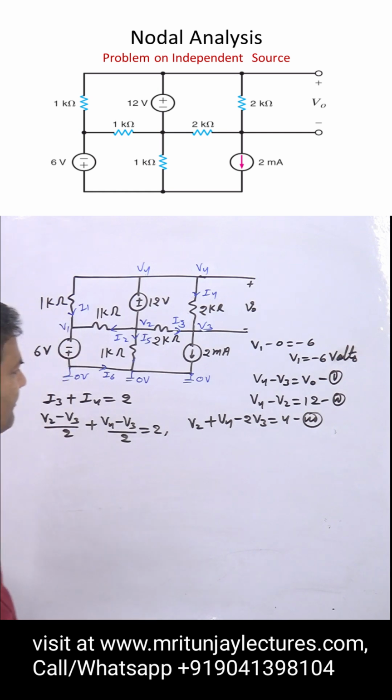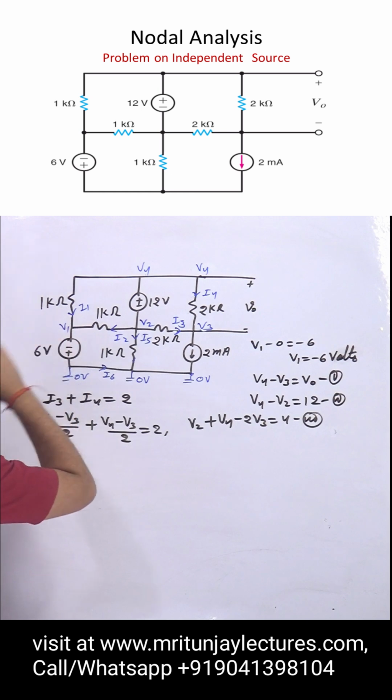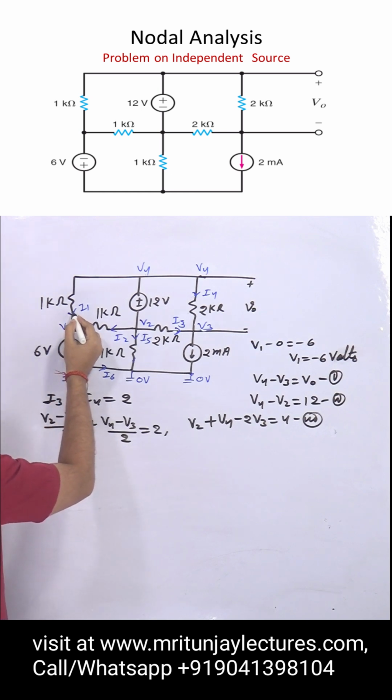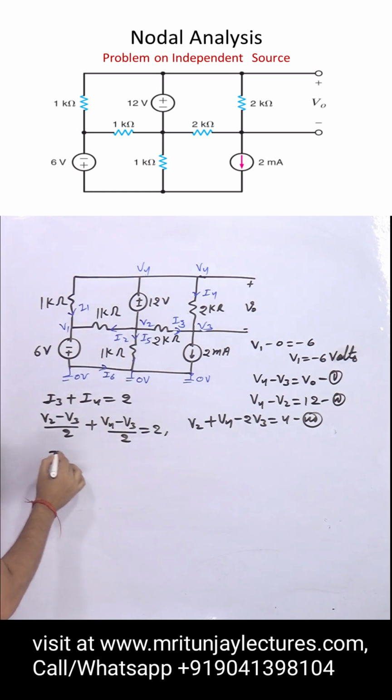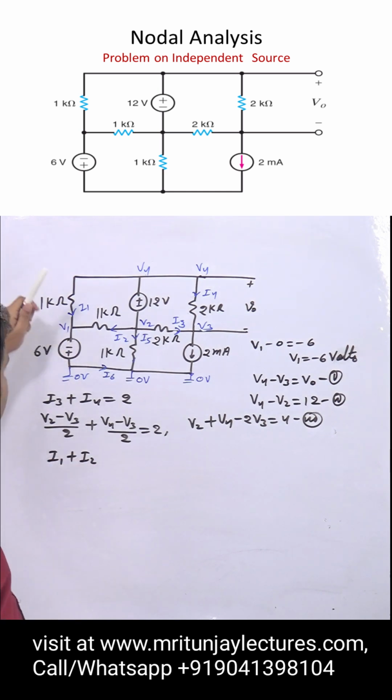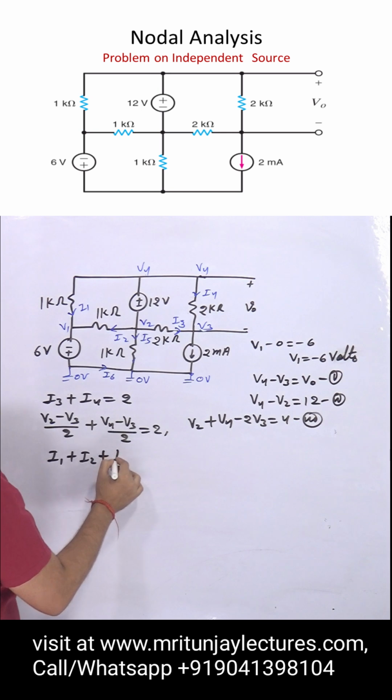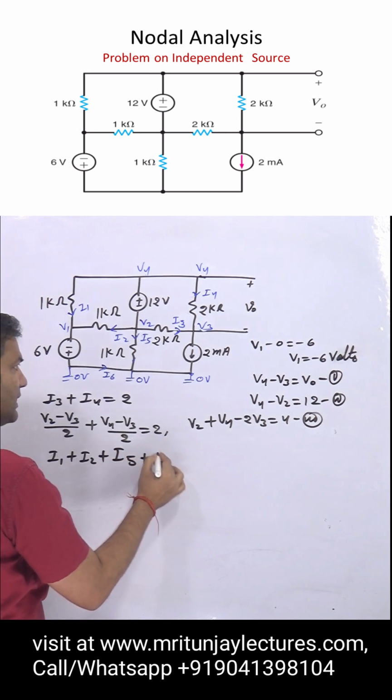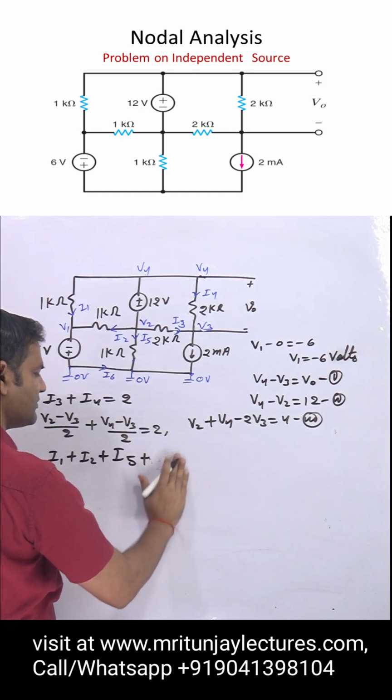Now again apply KCL. Here I1, here I2. I1 plus I2, apply supernode. I1 plus I2 plus I5 plus 2 will be equal to 0.